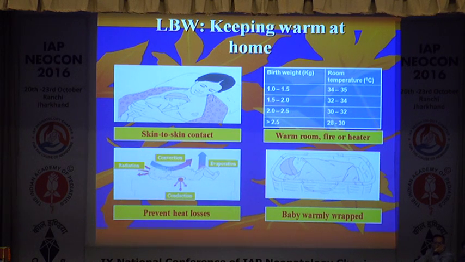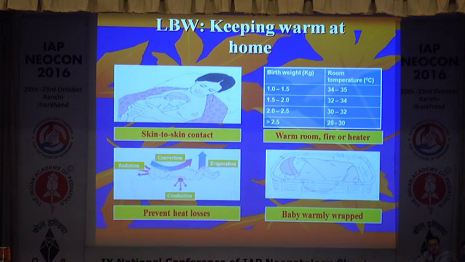So this is how we can keep the baby warm at home, and depending on the weight of the baby, there should be a suitable room temperature. Suppose the baby's weight is 1 to 1.5 kg, the room temperature should be around 34, 35, and so forth. And the baby should be fully wrapped so that it can prevent loss of heat by different ways like radiation, convection, evaporation, and conduction.